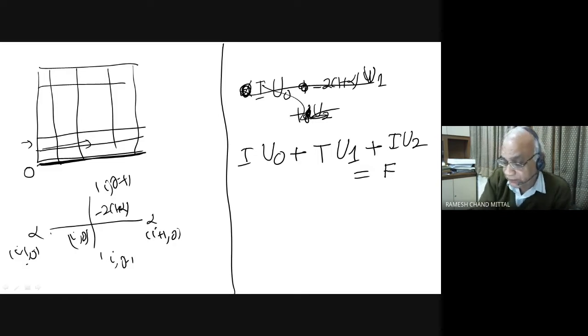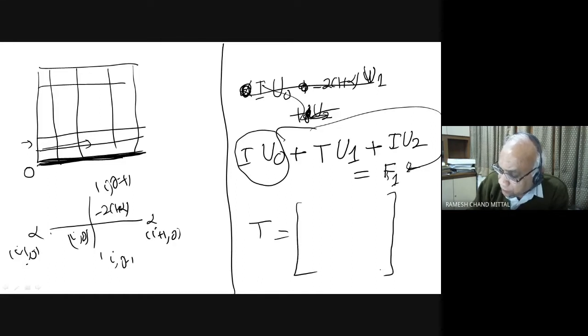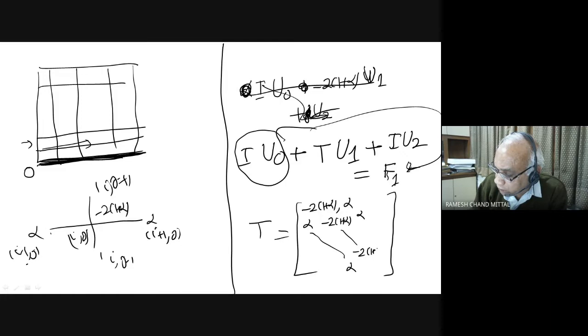If I write it for the first line, what is my u0? My u0 will be this line, which is the boundary line. So this will go off to the right hand side because it is known to me. So I write f1, then this will be coming here. And what is T? My T will be a matrix of the form minus 2 1 plus alpha, then alpha, minus 2 1 plus alpha, alpha, and minus 2 1 plus alpha.